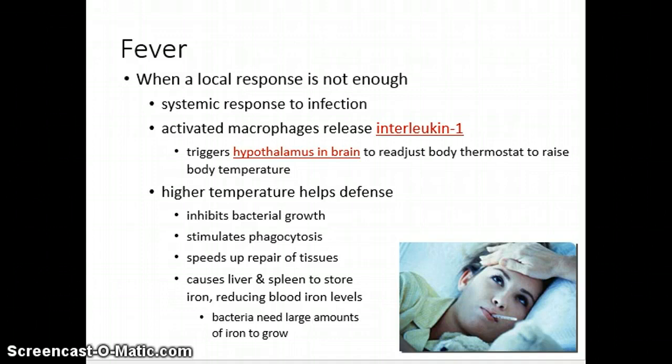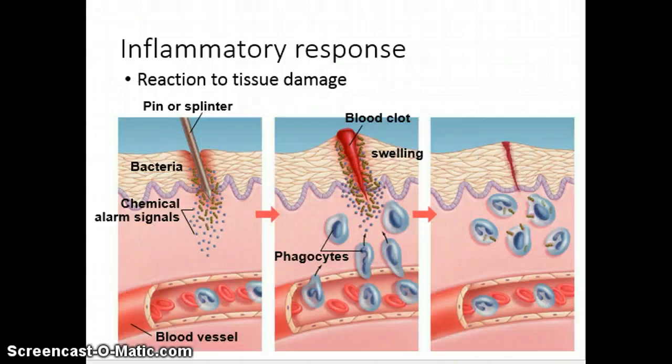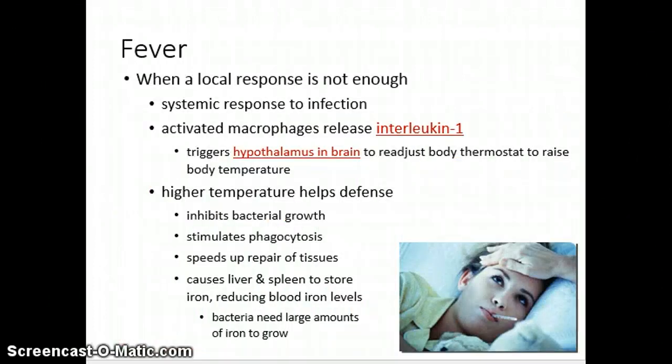So that response we looked at in the previous slide, where we have inflammation and the release of histamines and the capillaries being dilated, this entire process of inflammation, when it gets activated and really overstimulated throughout the body, is called systemic inflammation. And that's where we get this idea of septic shock. This is a result of a system-wide, overwhelming bacterial infection.